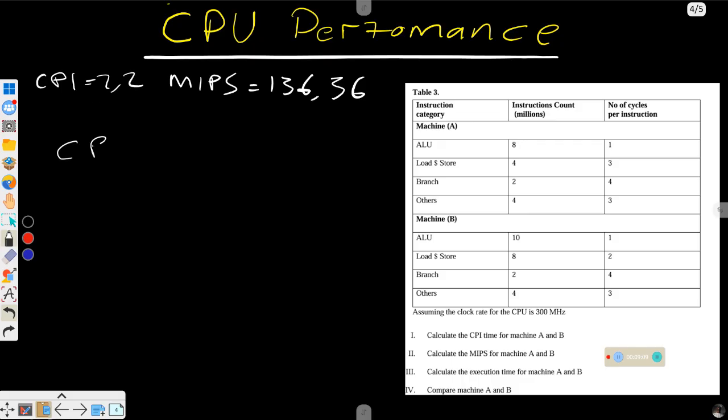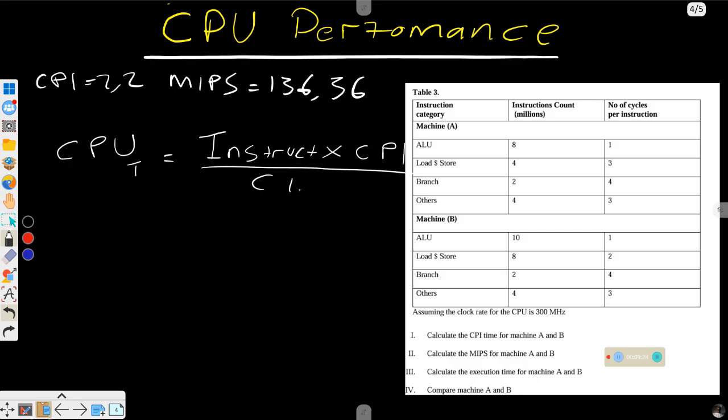As I said, CPU time is equal to what? It is equal to instruction times CPI over your clock rate.